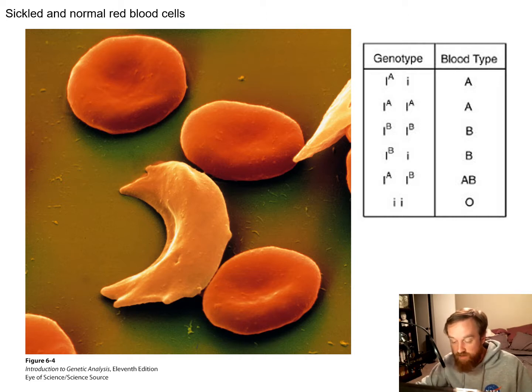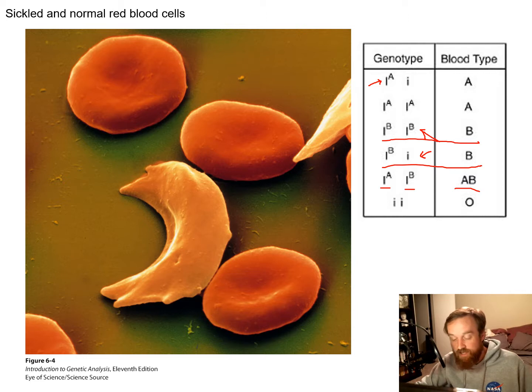So you can have the A allele, you can have the B allele, or you can have just the I allele. And so if you have one copy of A and one copy of I, you are blood type A. If you have two copies of A, you're A. Two copies of B, you're B. One copy of B, you're B. But if you have one of A and one of B, you're blood type AB.